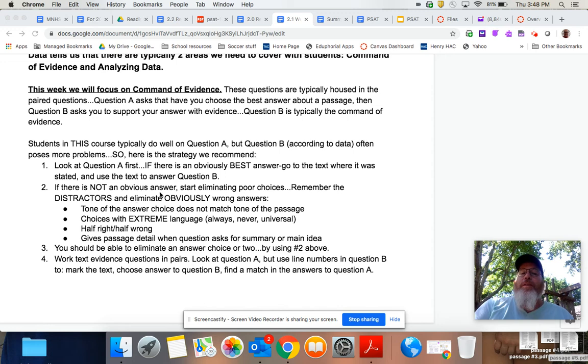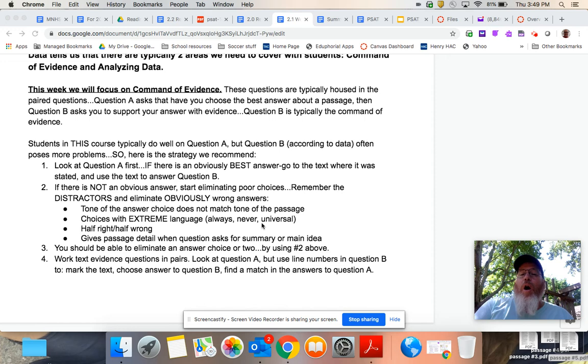Number two, if there is not an obvious answer, then we start eliminating poor choices, and let's go through the steps on distractors. First of all, the tone does not match the passage. So it's too harsh, it's too friendly, it's too something. Anyway, second, extreme language.